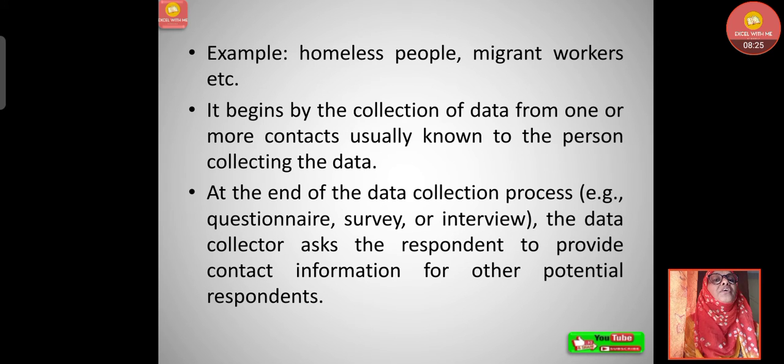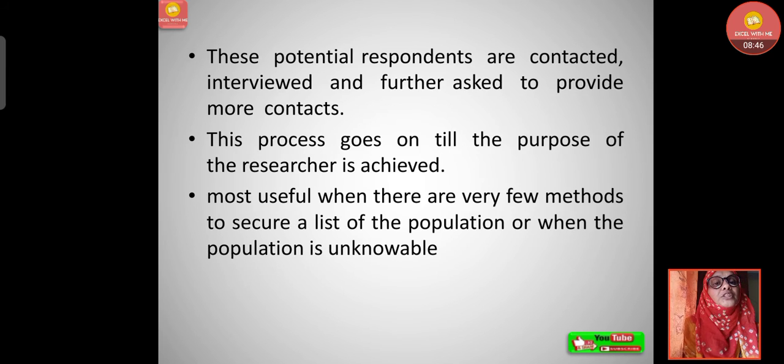Here, migrant workers, etc. So, it begins by the collection of data from one or more contacts usually known to the person collecting the data. At the end of the data collection process, for example questionnaire, survey or interview, whatever way they want to conduct, the data collector asks the respondent to provide contact information for other potential respondents.